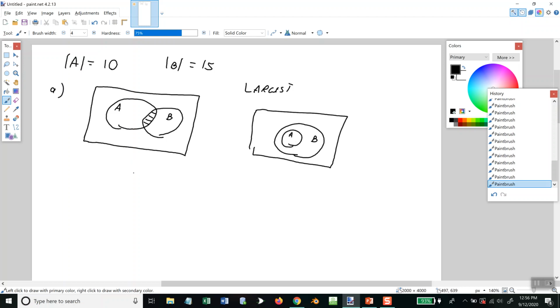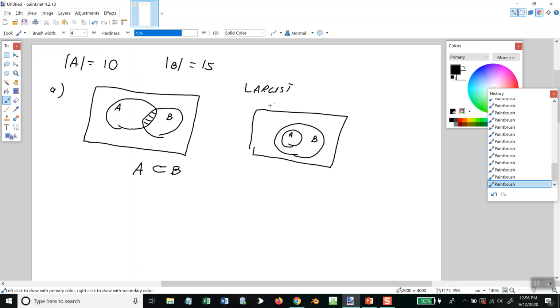Or in other words, A is a, not that I can make the symbol real well, but A is a subset, wait a minute, proper subset of B. A proper subset, remember, is where every element of A is also an element of B, but A is not equal to B. And there's no way that they can be equal to each other because they have different number of elements. So this has 10 elements, this has 15 elements.